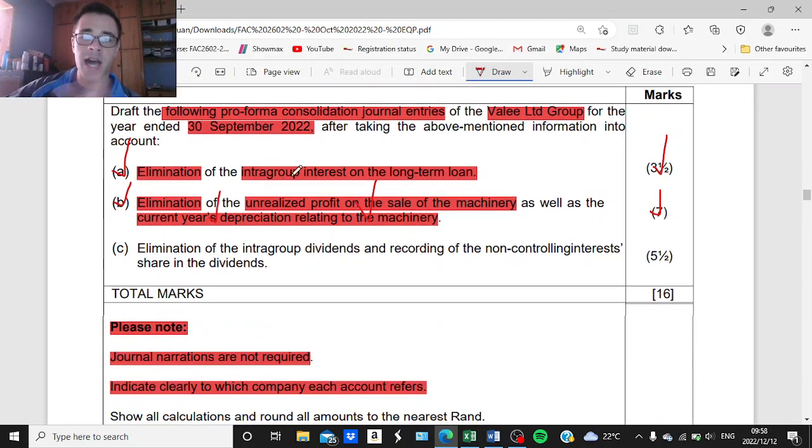So please make sure that you know how to eliminate an unrealized profit or loss on the sale of a depreciable asset, as well as the related unrealized depreciation. Okay, there are quite a few examples in Learning Unit 7 as well, which addresses the elimination of the intergroup transactions.